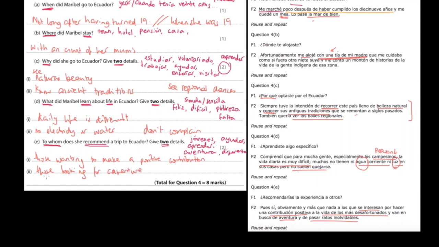And then another possibility, the third possibility, of course we only need two, but our third option would be those wanting to have an unforgettable time or experience. Okay, so notice how when they ask for two, often there are more than two, but you need to pick two from them.